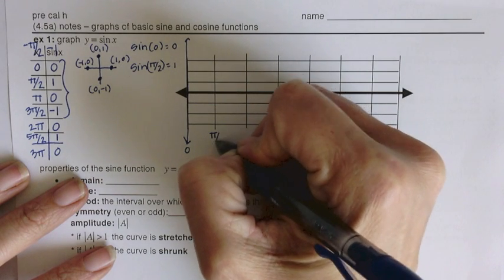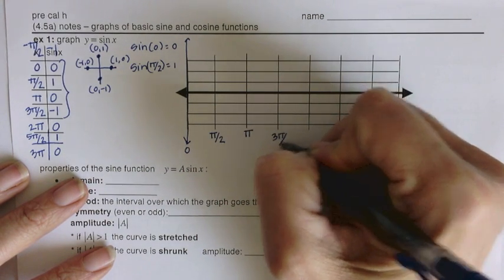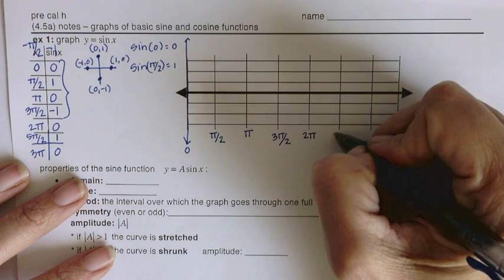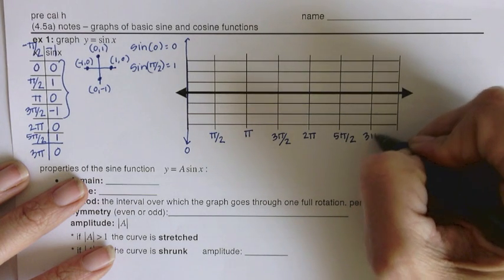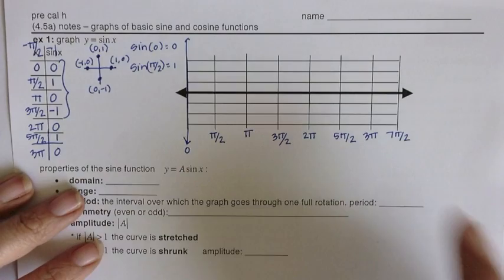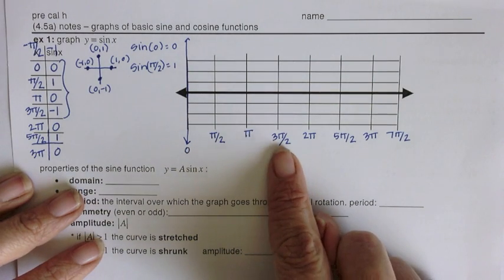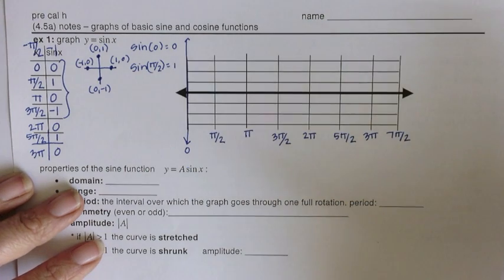So this is pi over 2, pi, 3 pi over 2, and 2 pi. And then as I keep going, I'm going to get 5 pi over 2, and then 3 pi, and then 7 pi over 2. And I know that it's 7 pi over 2 because this is 1 pi over 2, 2 pi over 2, 3 pi over 2, 4 pi over 2, 5 pi over 2, 6 pi over 2, 7 pi over 2, and so on.